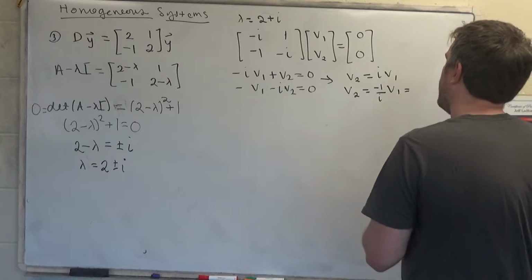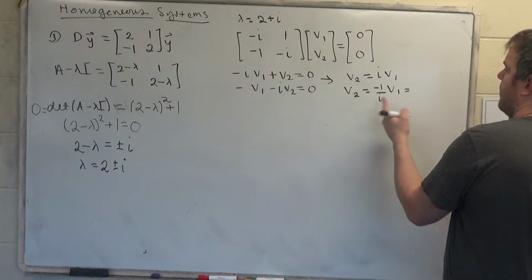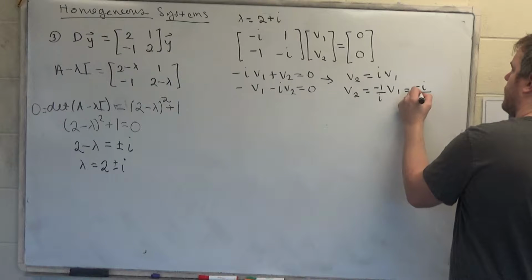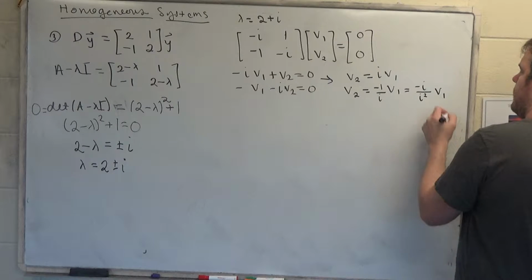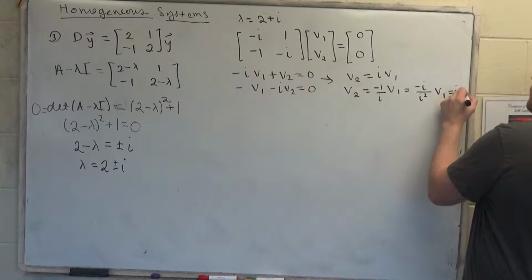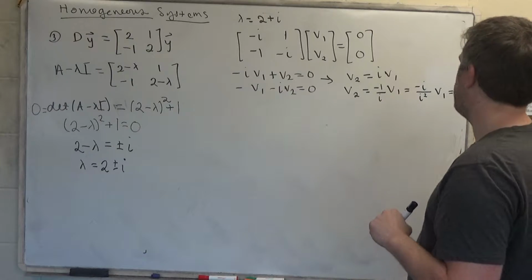To clear the i out of the denominator here, I just multiply by i. So I'll get negative i over i squared times v1. But i squared is negative 1, which cancels the negative in the top. So in fact, I really do get the same relationship here.